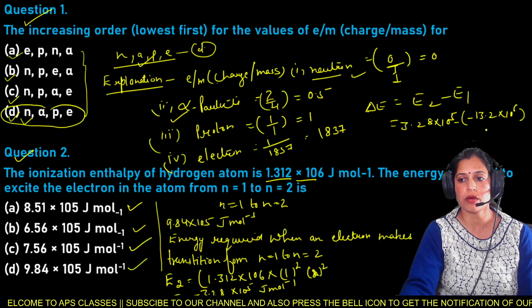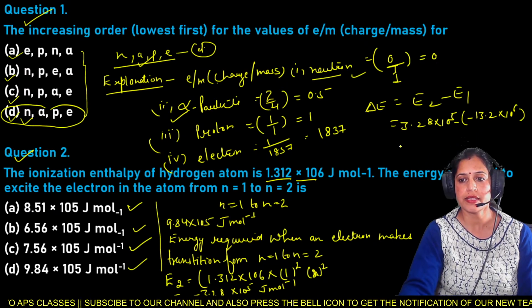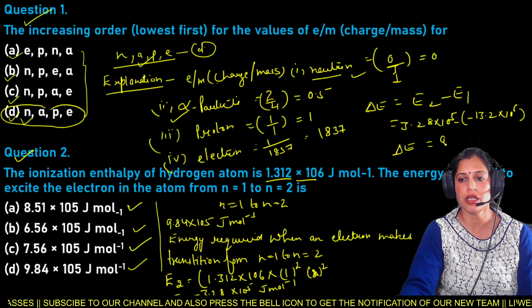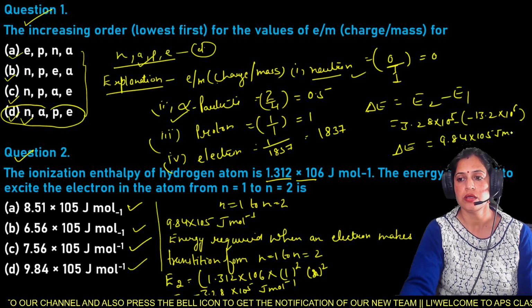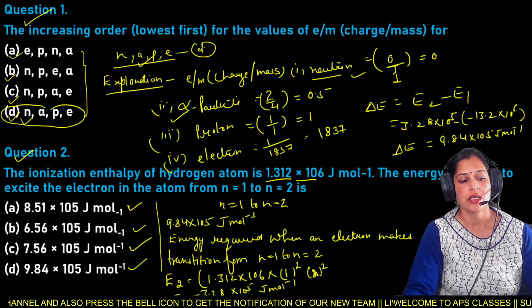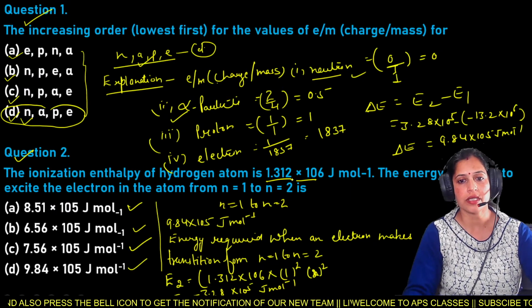Hence delta E comes out to be 9.84 into 10 raised to power 5 joule mole inverse. So this is the right answer.